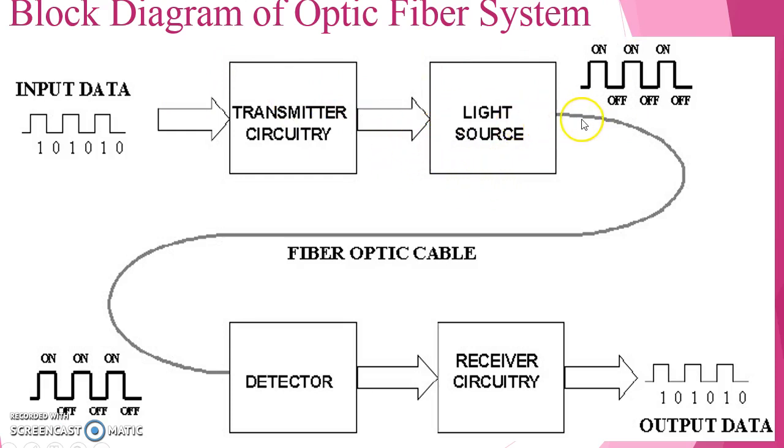The output light signal is transmitted through the fiber optic cable, and it is received in the receiver circuitry part with the help of the detector, which converts that light signal into an electrical signal. So the receiver output will be the electrical signal. We'll see each block one by one.